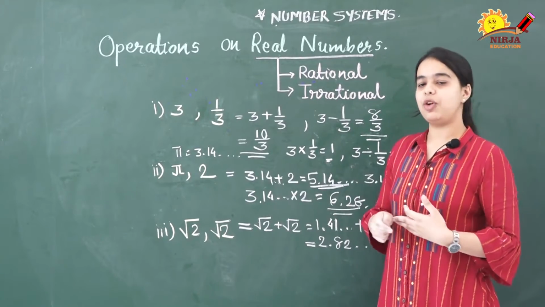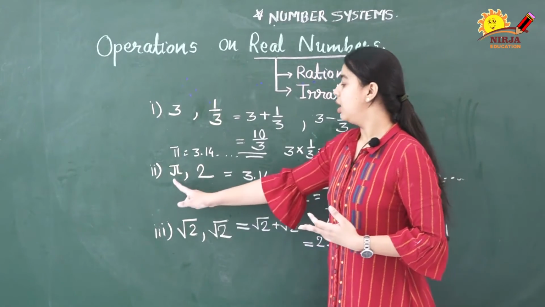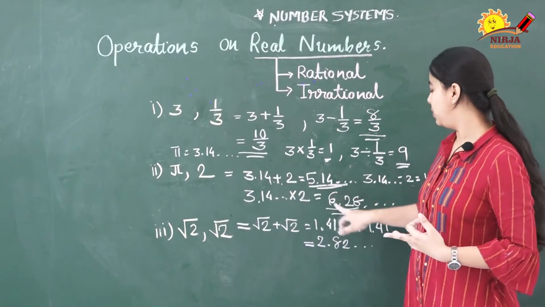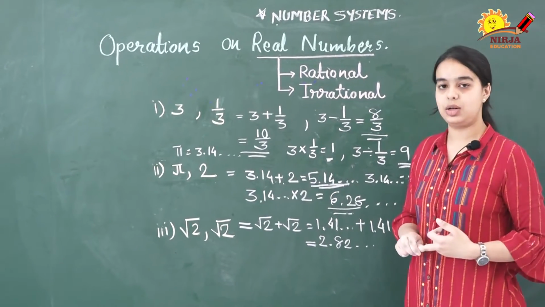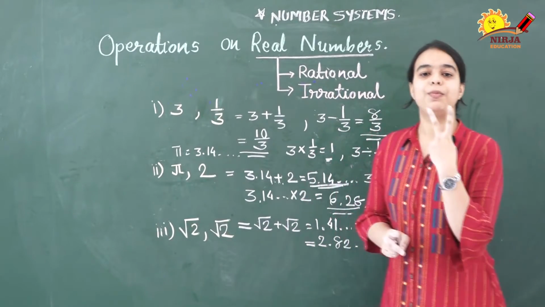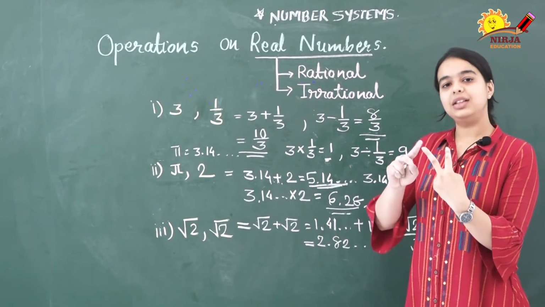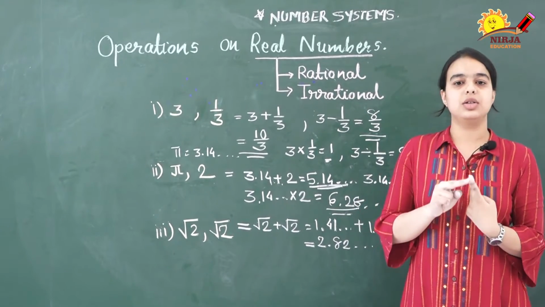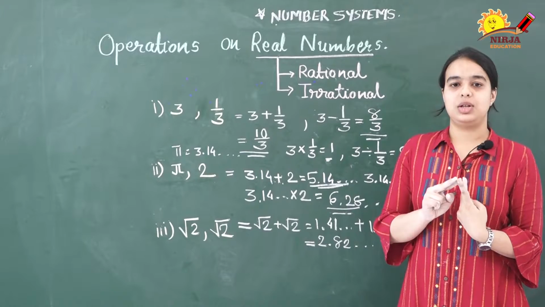If we perform operations on a rational number and an irrational number, then the result will always be irrational. And for two irrational numbers, there are two possibilities. Either the result is rational or the result is irrational.